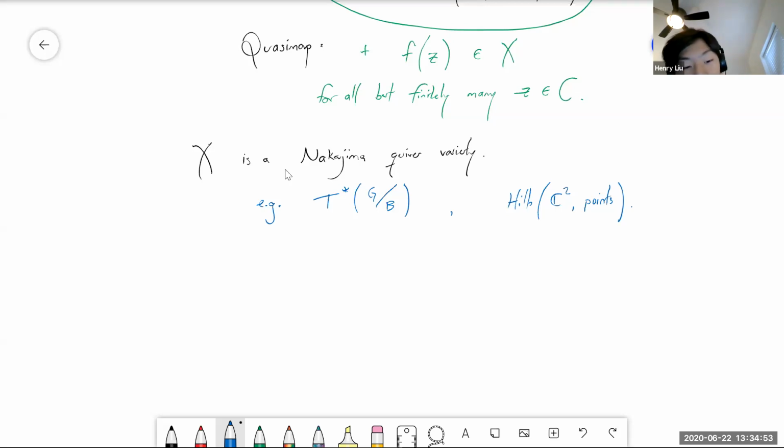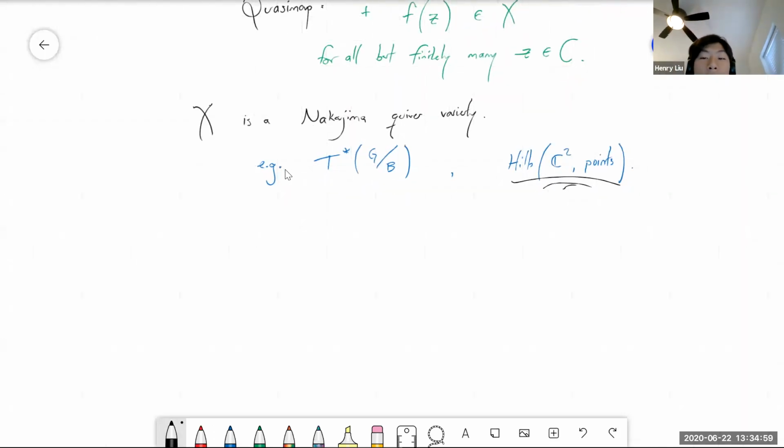And it's great that the Hilbert scheme is an example of a Nakajima quiver variety, because now we can try to do a comparison between quasimaps and some kind of sheaf counting theory on the threefold. Right? So we'd like to ask how quasimaps can possibly be related to DT or PT theory.